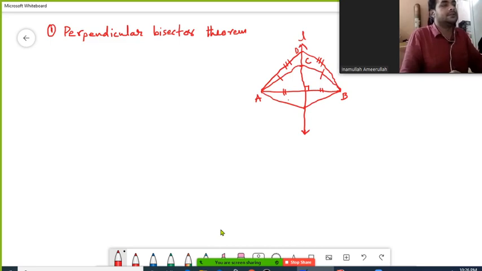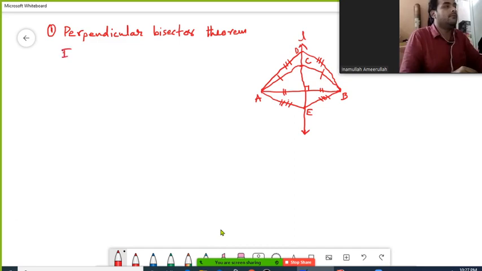So this is point E on the line L, then AE is equal with BE. So any point on the line L will be equidistant. So this is the basic property of perpendicular bisector theorem.